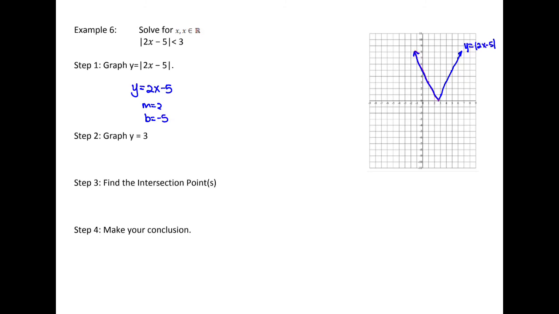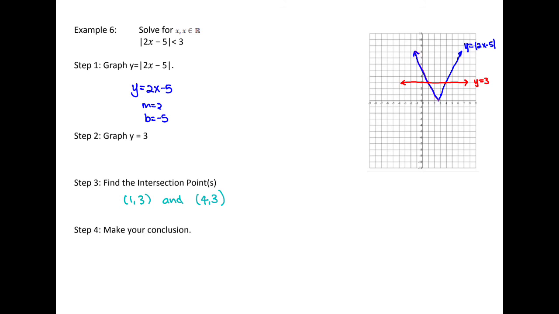Step 2, let's graph the function y equals 3, which is a horizontal line. Now, let's identify the intersection points. So we know the intersections will be at (1, 3) and (4, 3). From this inequality, we know we want the y values of the absolute function smaller than 3. That means we're looking for the region where the blue line is lower than the red line.